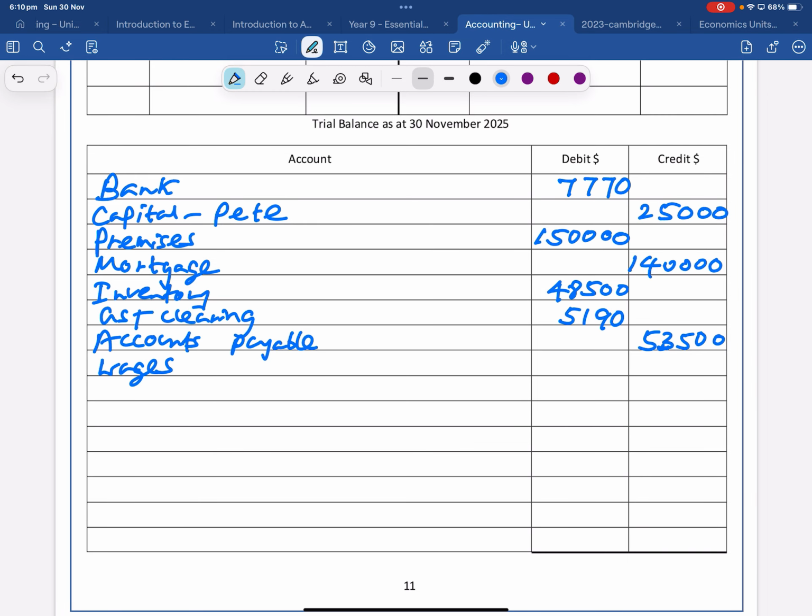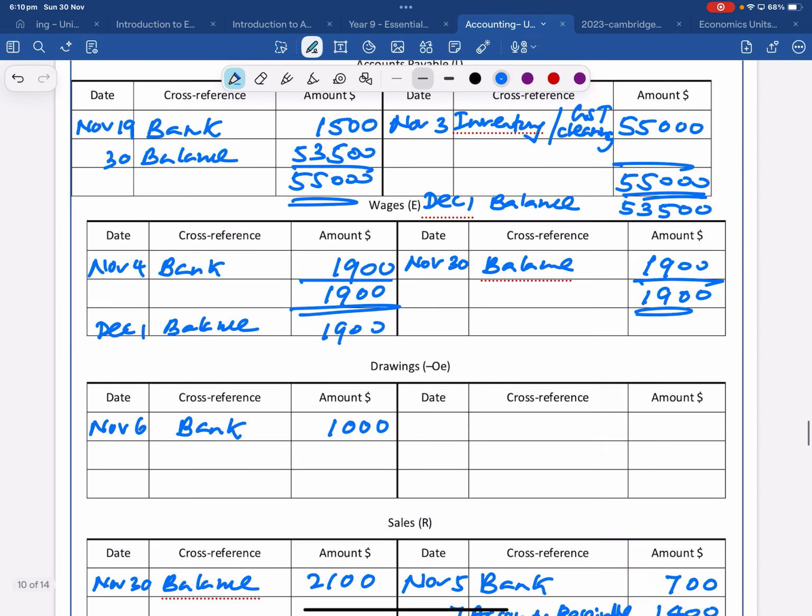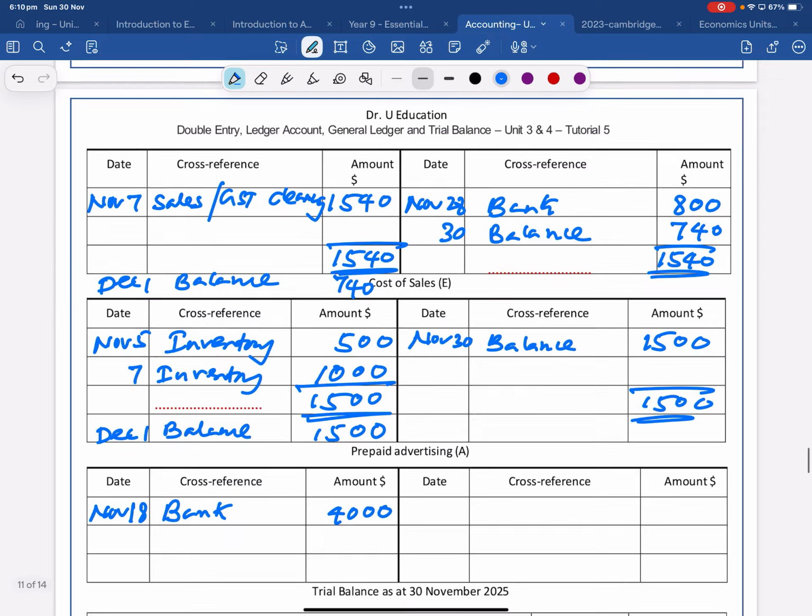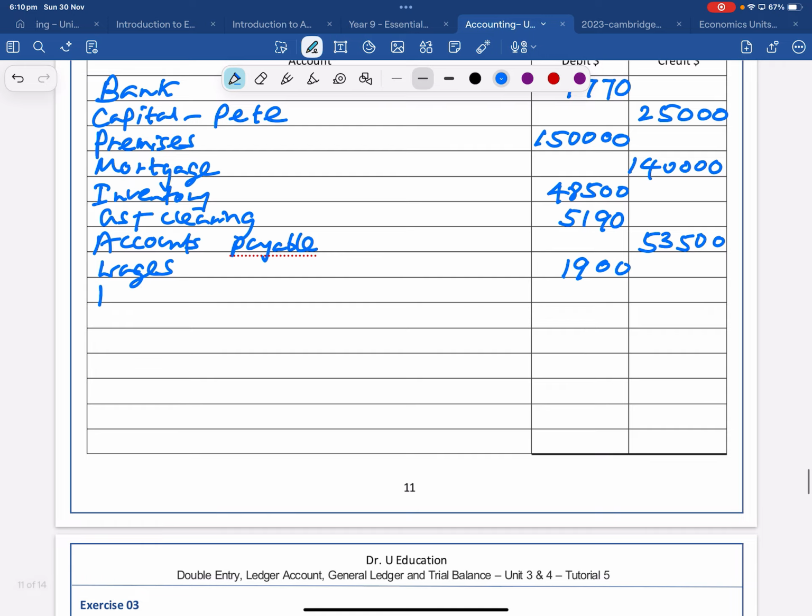Wages 1900 debit. Drawings 1000 debit. Sales credit 2100.